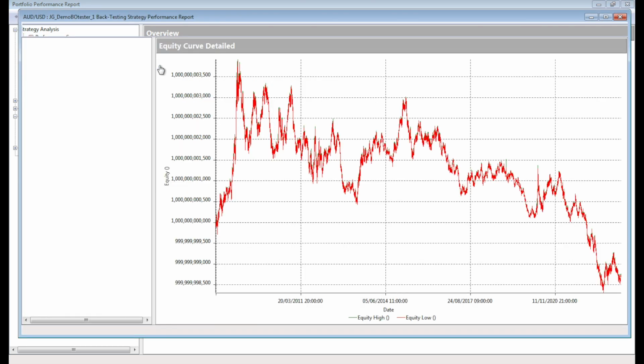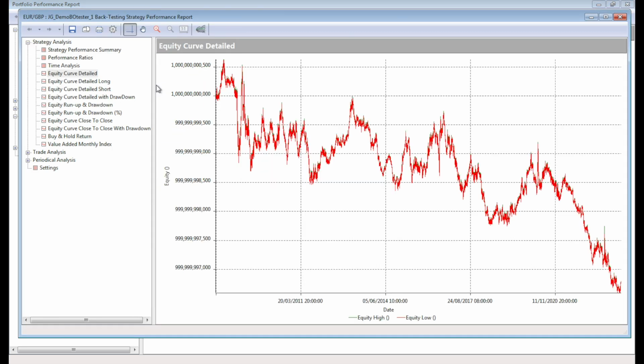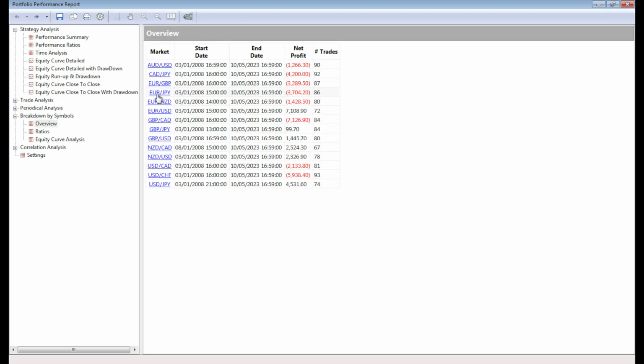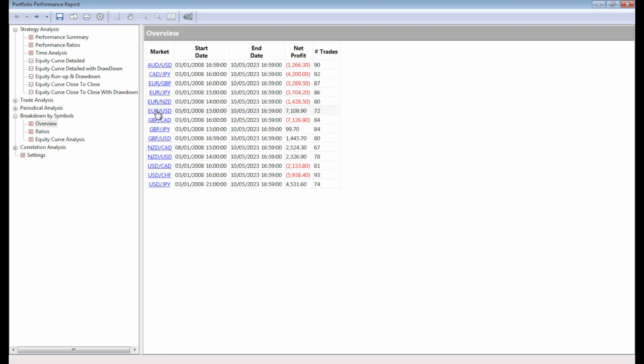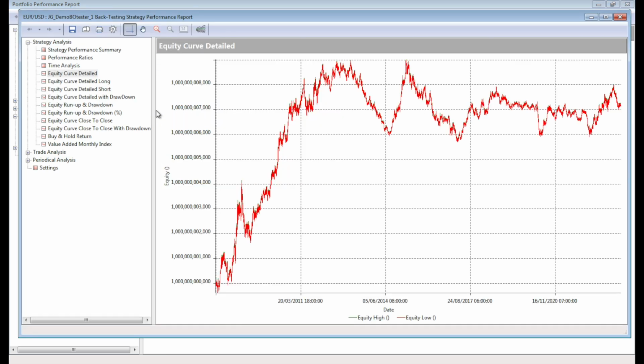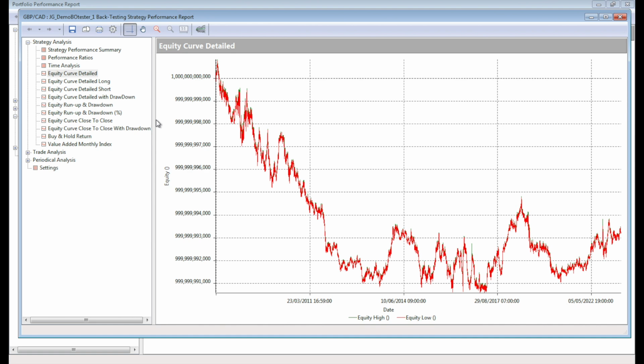Australian dollar US dollar, Canadian dollar, Japanese yen, Euro pound, Euro yen, Euro New Zealand dollar, Euro dollar. Made a lot of money in the early years and then just went flat. Pound Canadian, still a big loser on the monthly highs and lows.